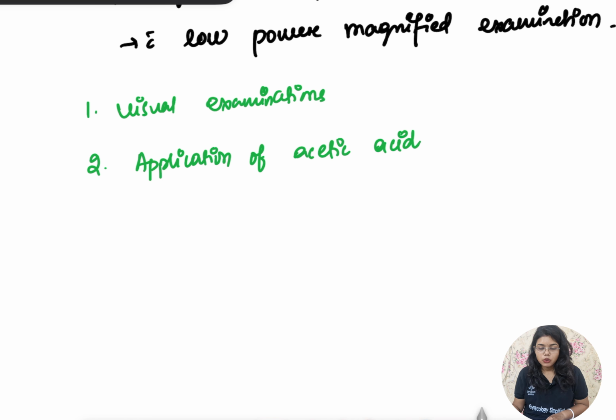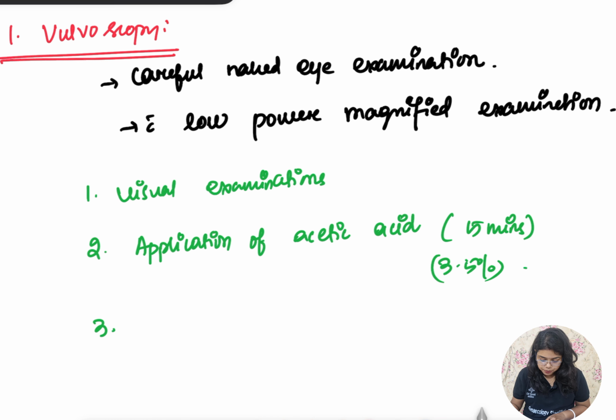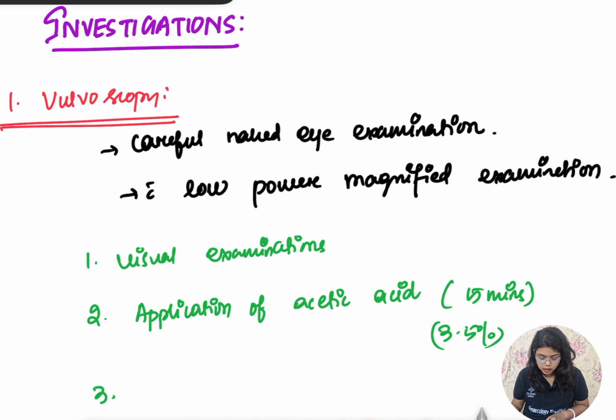In colposcopy, the examination of the cervix, we keep the acetic acid for only 45 seconds, but here we keep it for 5 minutes, at a concentration of 3 to 5%. We see if any acetowhite lesion is present. If it is present, that is abnormal.